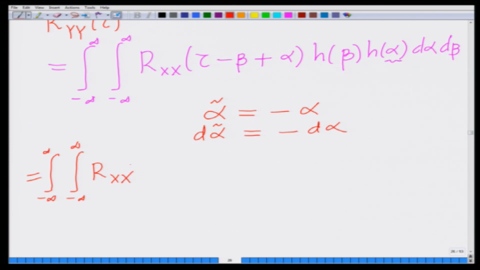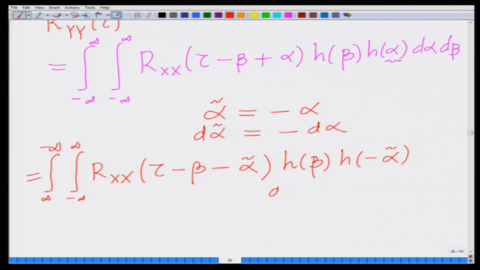The first integral with respect to alpha will now be from infinity to minus infinity, because alpha tilde equals minus alpha, of r_xx of tau minus beta minus alpha tilde, times h of beta, times h of minus alpha tilde, times d beta times d alpha tilde with a minus sign.